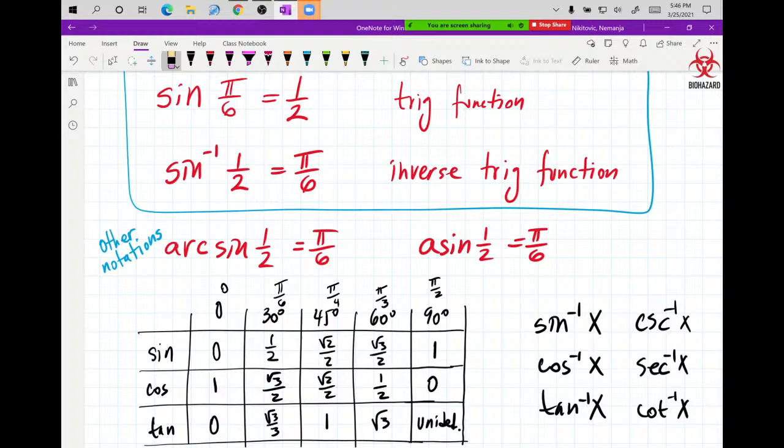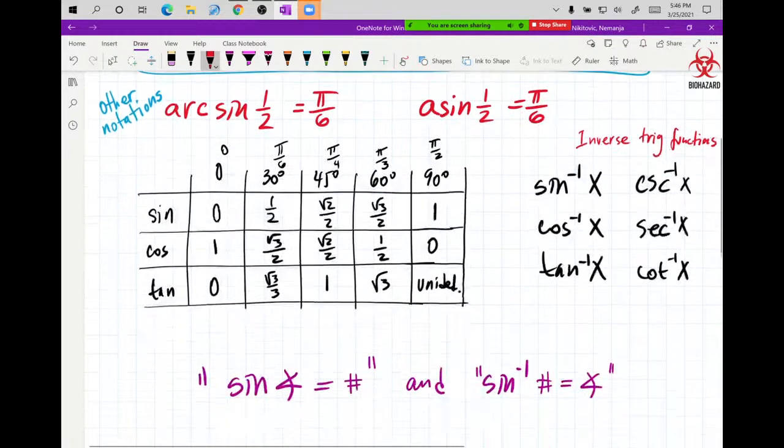I listed all 6 inverse trig functions. So this is what they look like. The input is the number, and you get an angle as the answer.